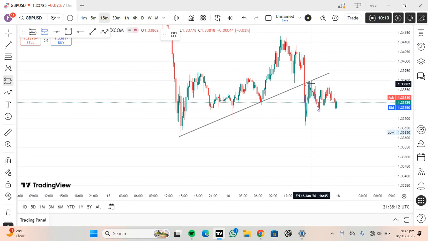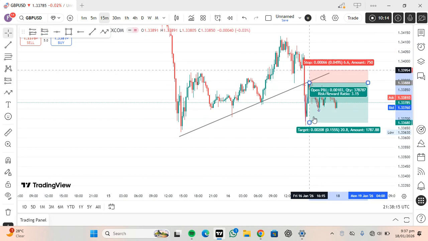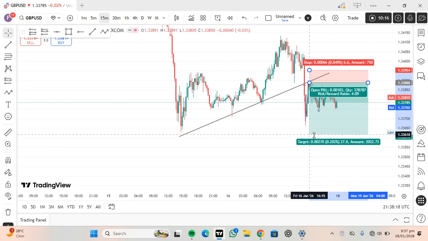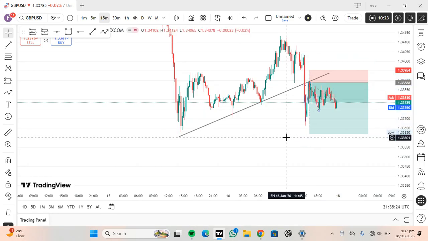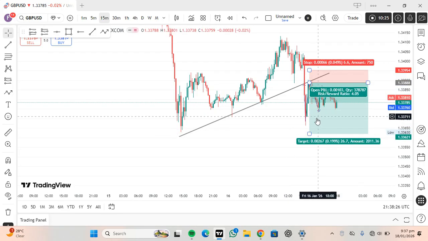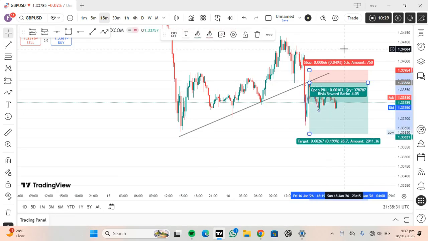I would have placed my entry here. Probably my stop loss would have been around here, and I would have targeted maybe this low. That's the 1 to 4. That's what I would have probably done. You get? So this is just the concept.